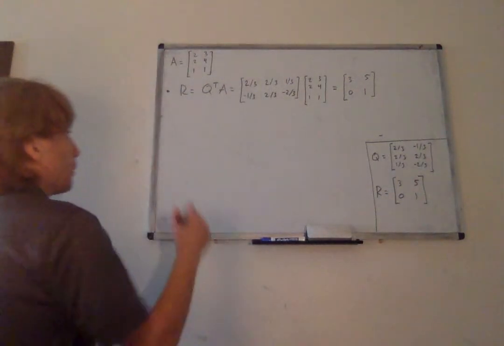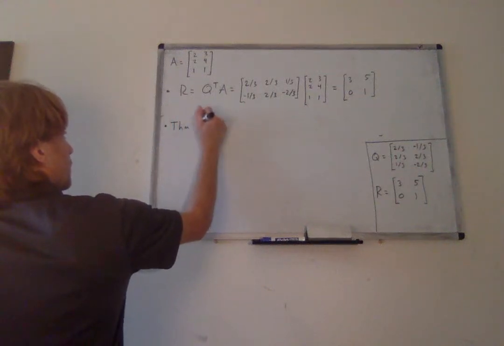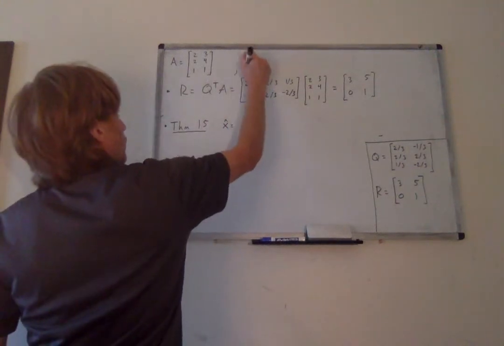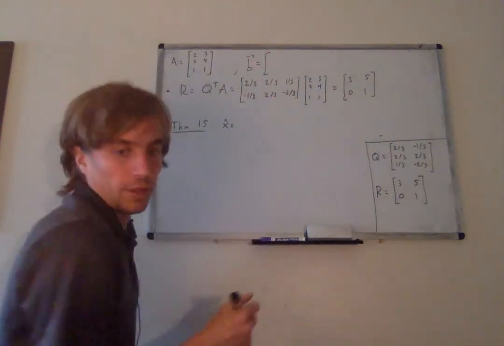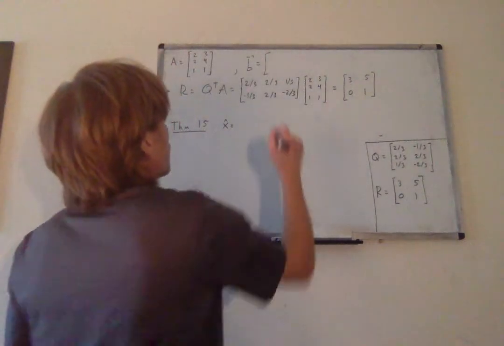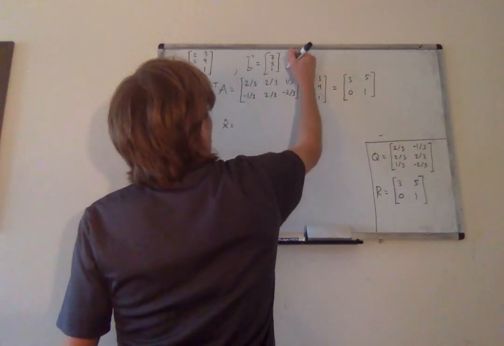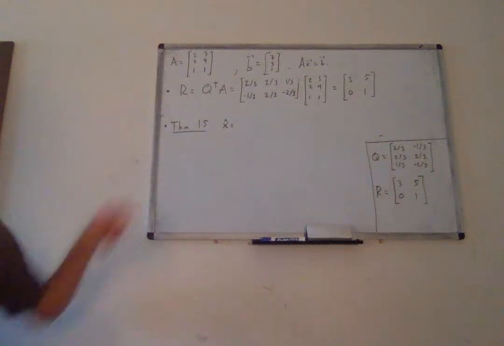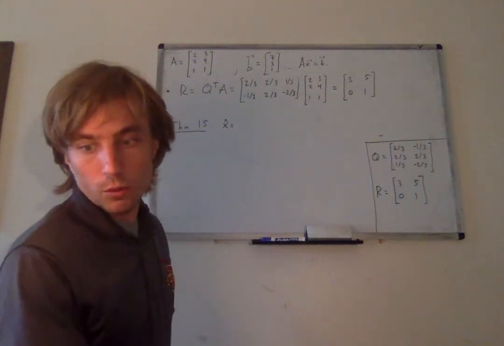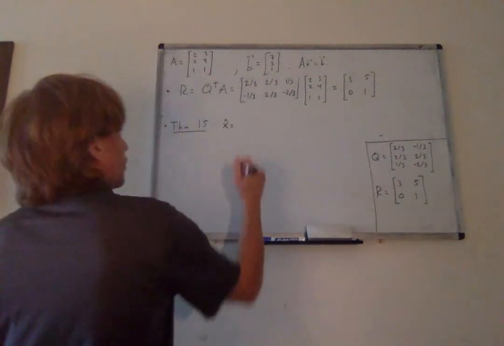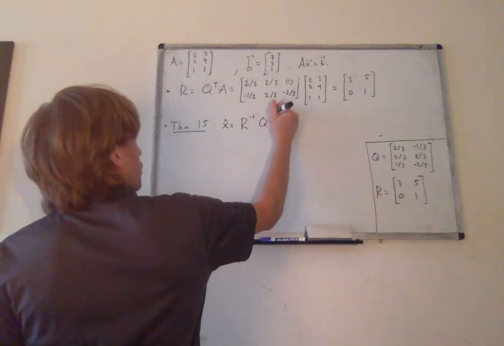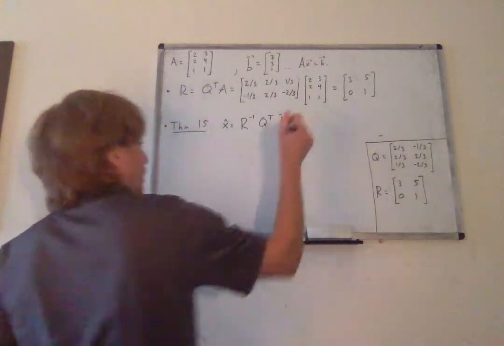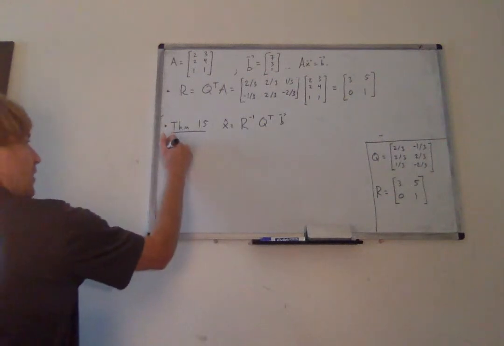So now remember what theorem 15 tells us is that a least squares solution, x hat, where remember B is the vector 7, 3, 1, and we want a least squares solution to Ax equals B, is equal to R inverse times Q transpose times B. And so we're not quite done because we need to calculate R inverse.